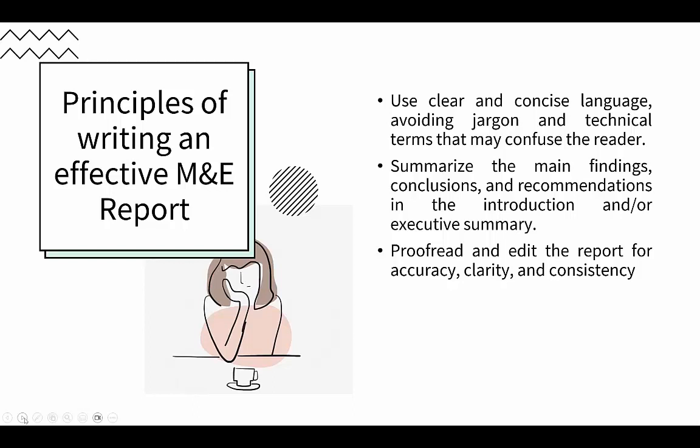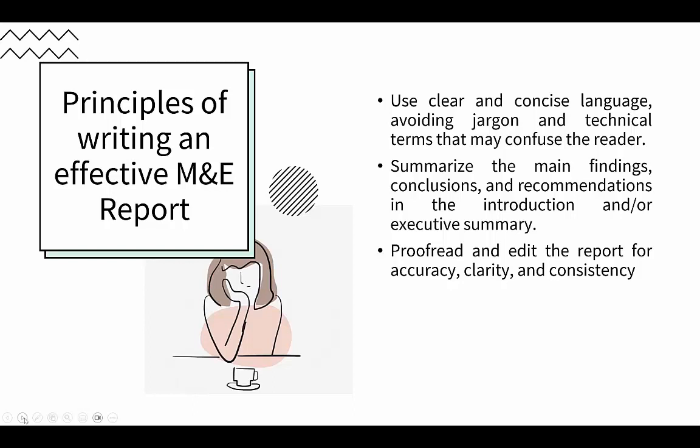Basically, your objective is to establish whether progress was made in the project. So in your conclusion, you should simply state, did the project achieve its intended goals or not? Don't start going in circles all over the place because it will be difficult for people to understand.